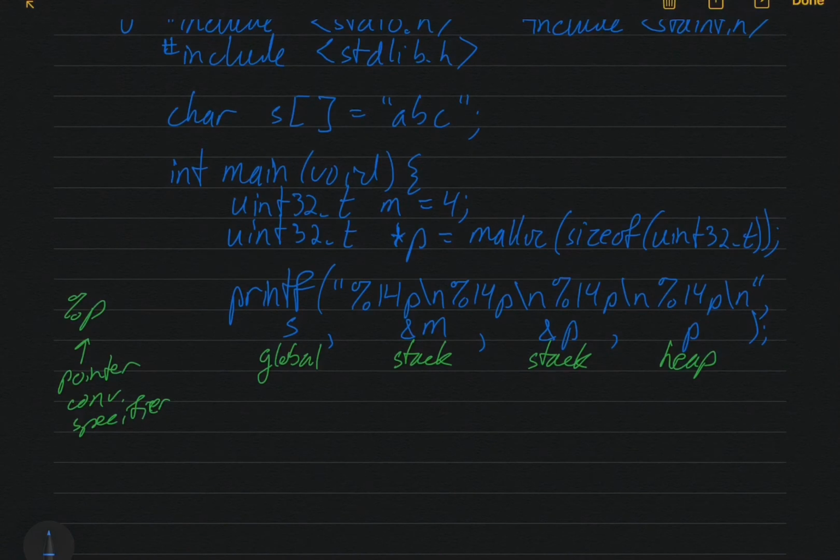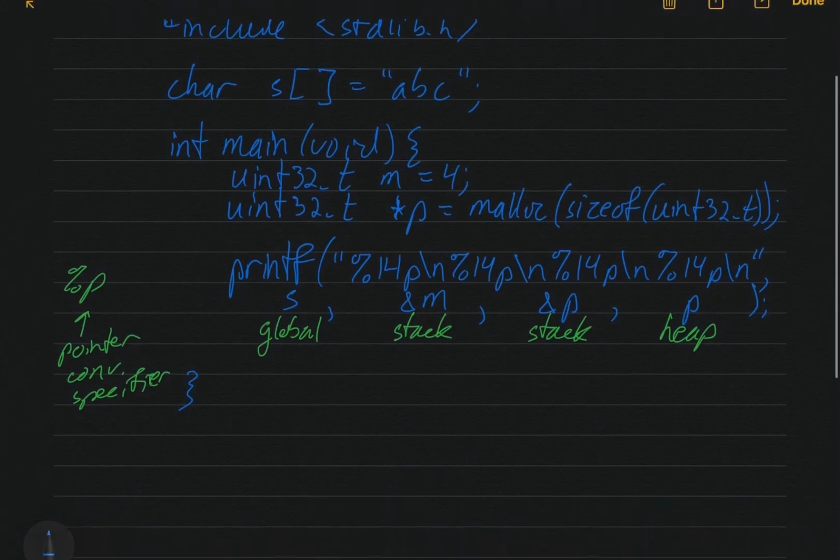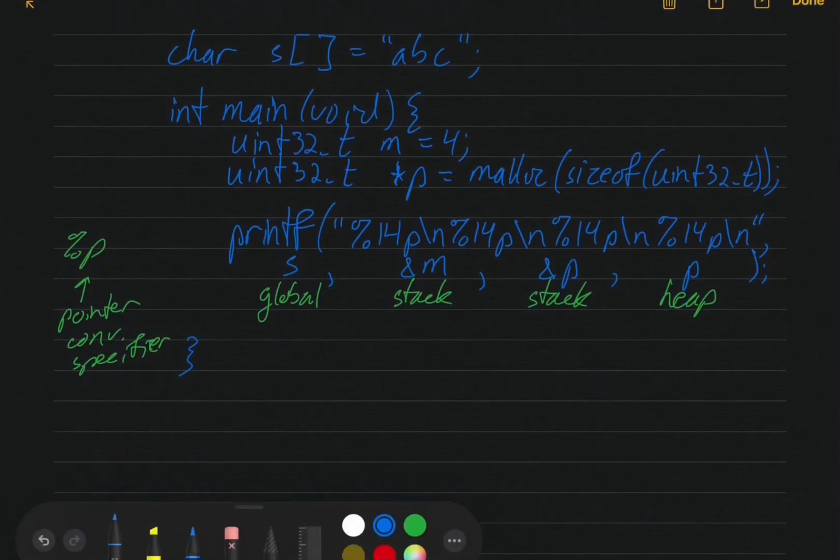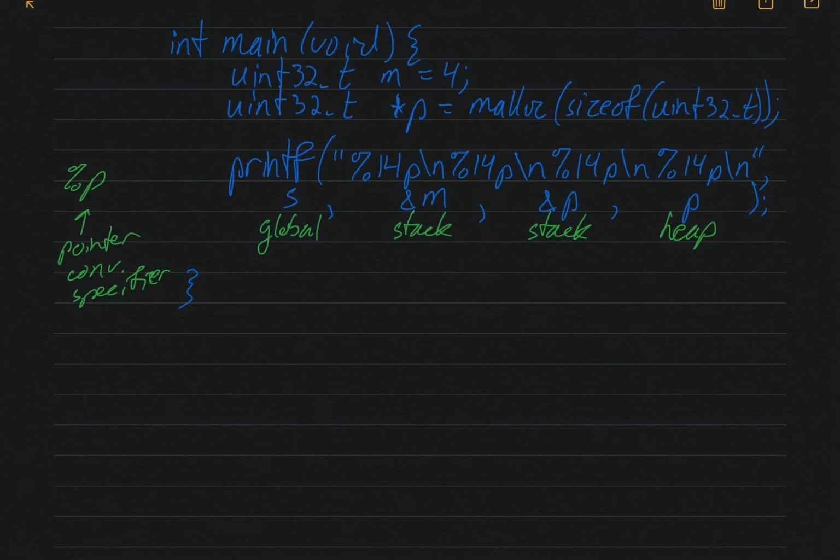And let's just close the main here, and I'm going to write out what the output is. I usually use this goldenrod color, so let's write the output. I'm going to be careful about lining up the characters here.